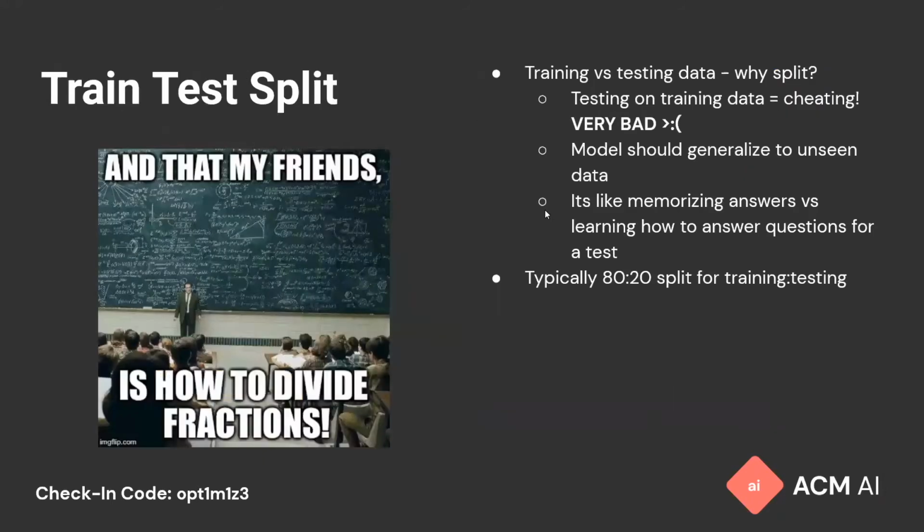So let's talk about the train test split. Jason? Sure. Up until now, we haven't really talked about the data set much. But basically, when you're training a model, you're training on some data set, right?